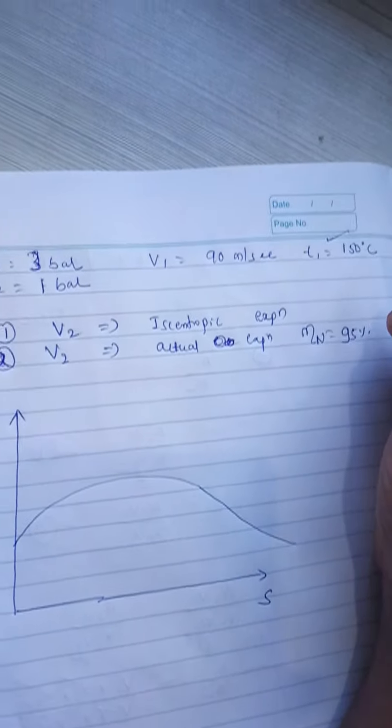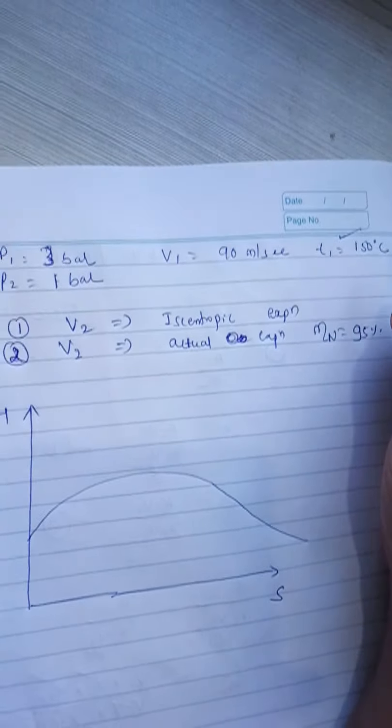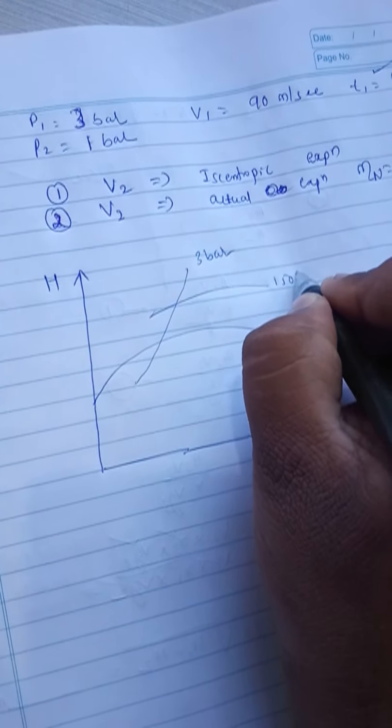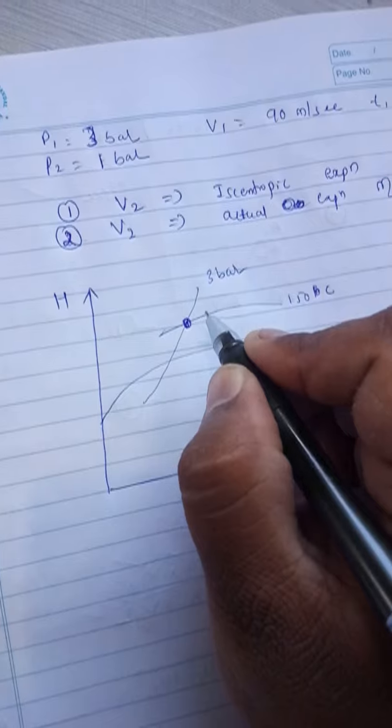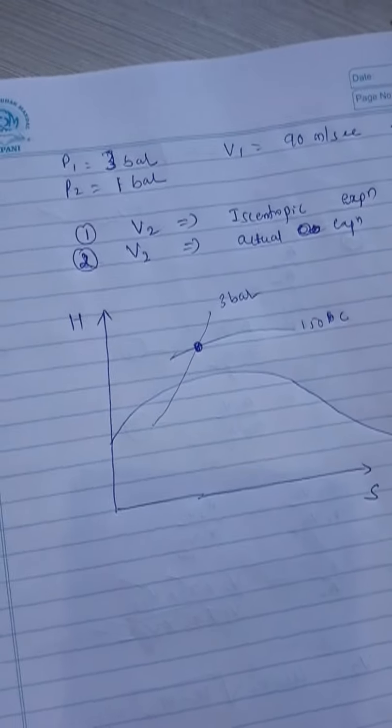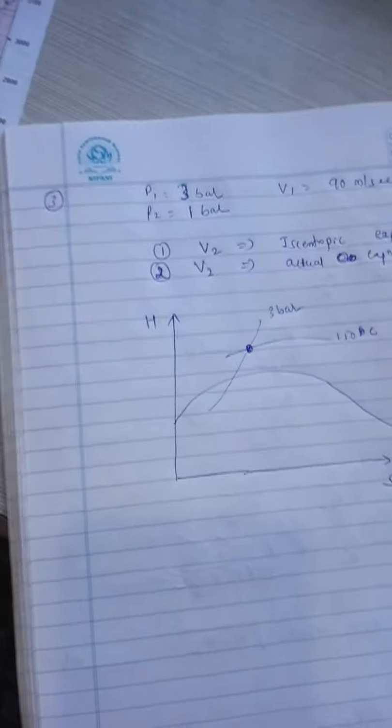Somewhere 3 bar you just identify, 150 degree also you identify. Somewhere 3 bar will be here, 150 degree here. See, I am drawing this with my own judgment. Actually you should draw it on a Mollier chart.